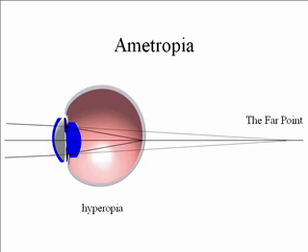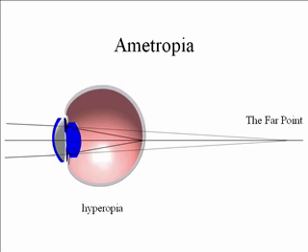With a hyperopic patient, the far point is in back of the patient's eye. Now, this does not mean that the patient can see in back of his head. What this means is that there's too little plus power in the front of the patient's eye for the rays of light to appropriately converge on his retina. So in order for rays of light to appropriately converge on the patient's retina, the rays of light must already be to some extent converging.